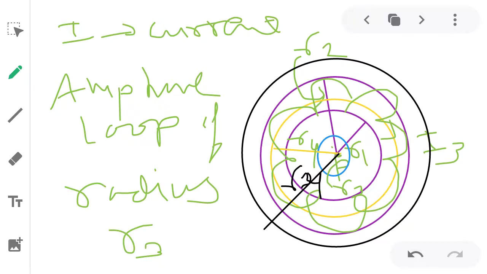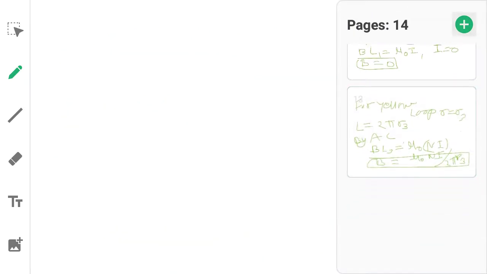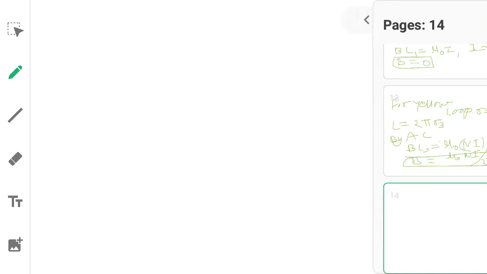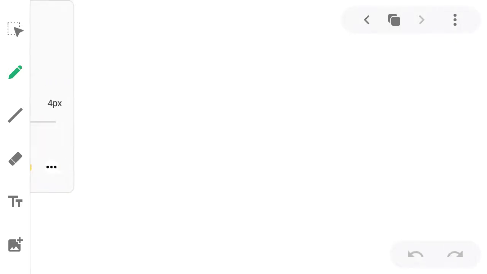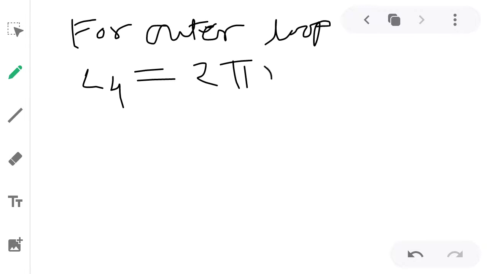For the outer loop, L4, the length of the loop is 2 pi R4.